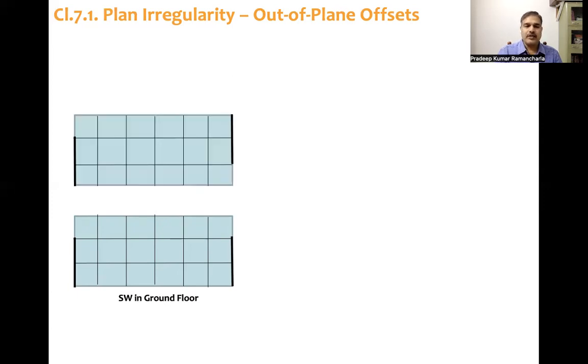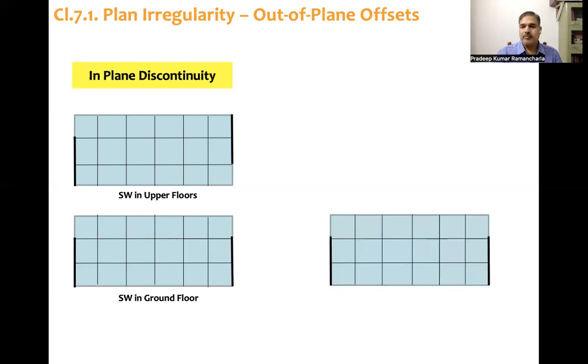In upper floors, the left side structural wall is continuing till the top, but the right side structural wall has an offset. So whatever structural wall is there at the base has shifted while going up. From the top it has come down to the ground floor, and at the ground floor it has shifted. So this is in plane discontinuity.